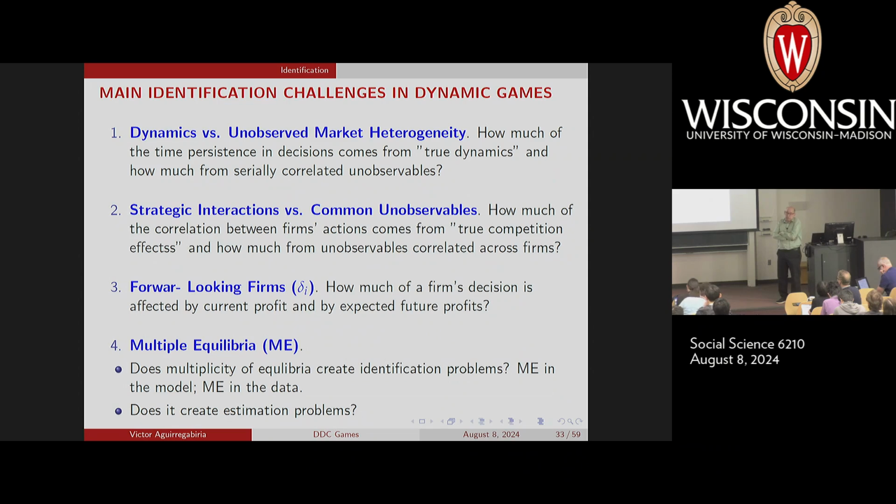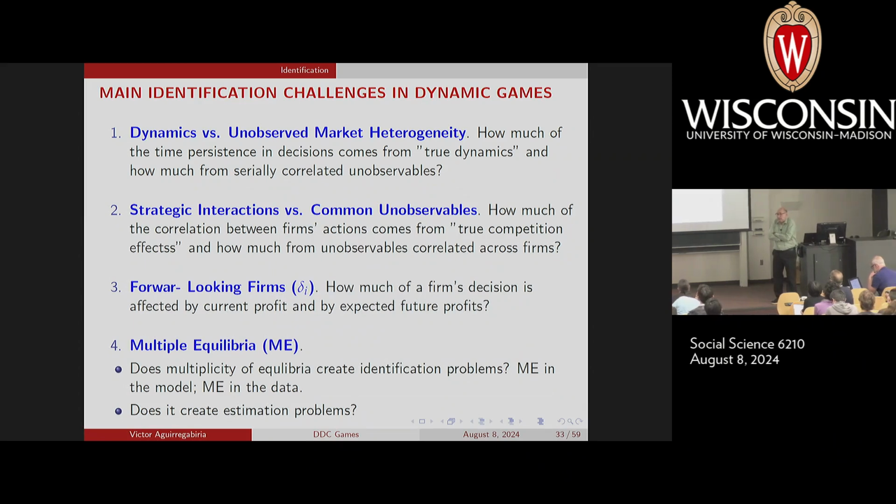What really is not a dynamic effect is just the effect of serially correlated variables. Okay? Another common identification problem is that if there are unobservables that are common across the different players and markets, these unobservables are going to affect my behavior, but they will also affect the behavior of other players in the game.